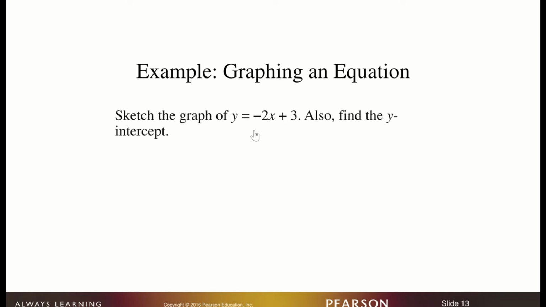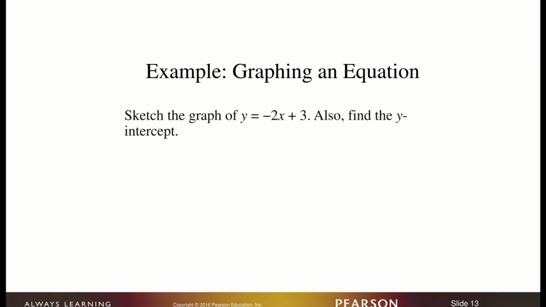So let's go ahead and plot the points that we can organize in a table. Let's go ahead and make the table x, y. All right, so here again, the thing that's important to understand is that while you can plot as many points as you want, the question is, how many do you actually need, right?